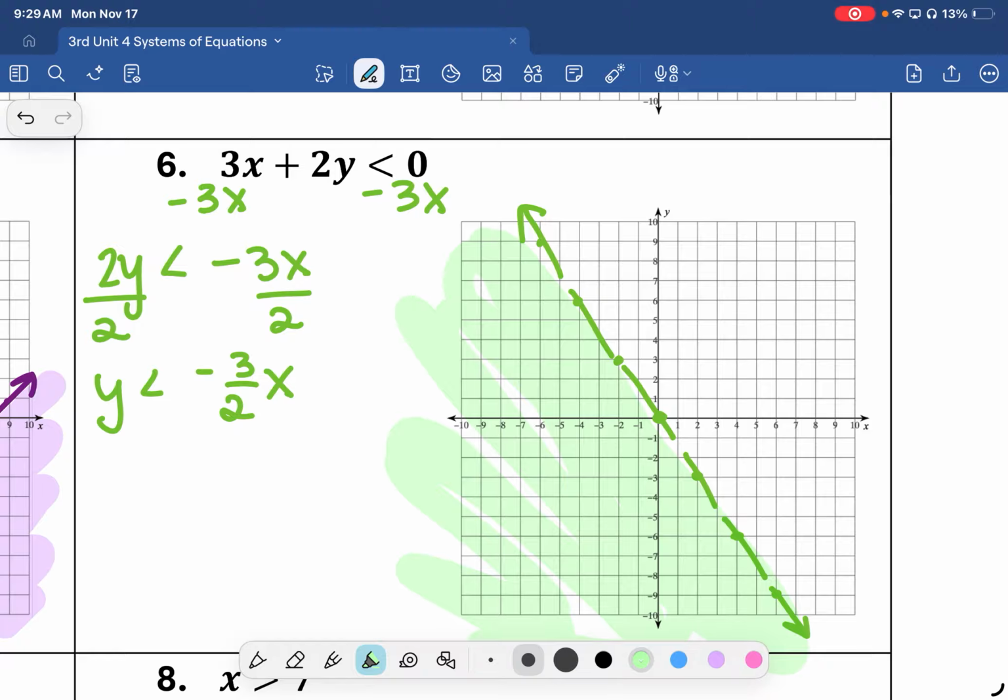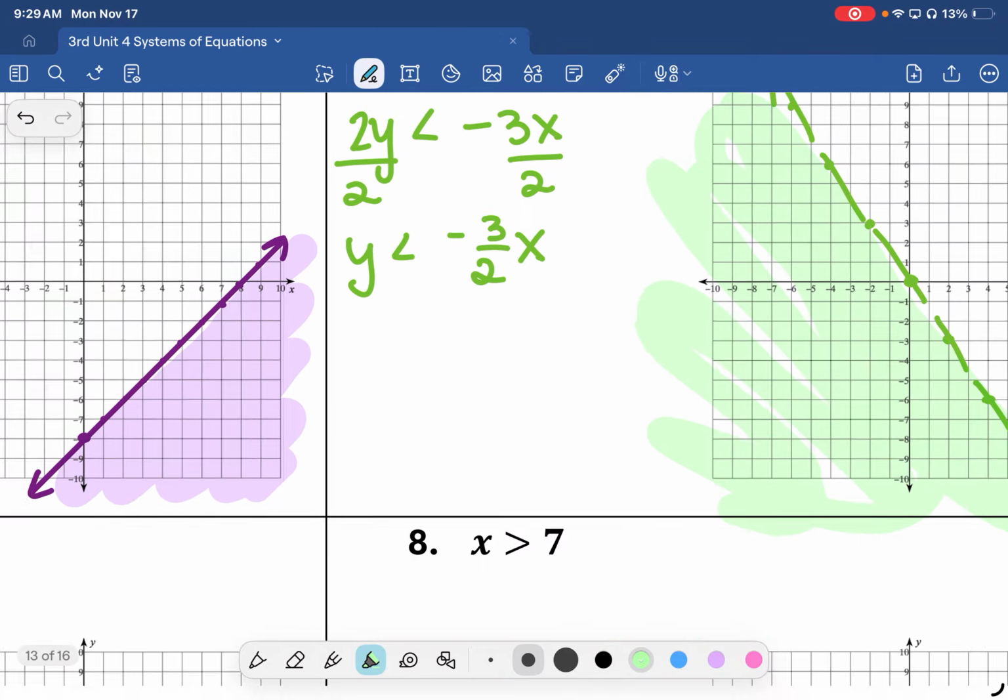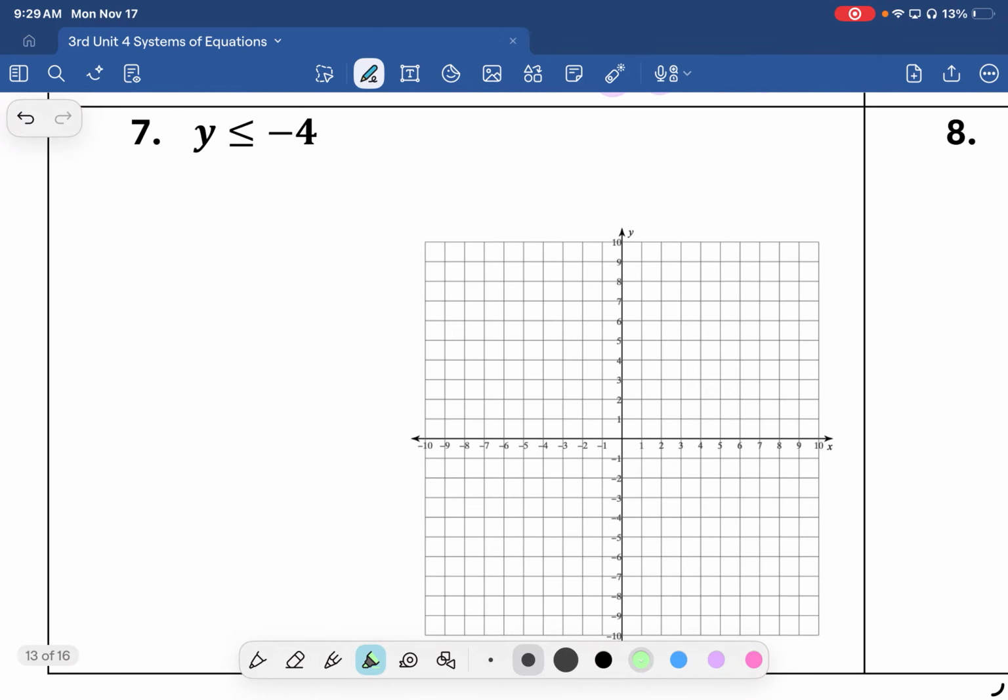All right, then we are going to talk about 7 and 8. So number 7 is the line y is less than or equal to negative 4. If I ask you about the line y equals negative 4, is that a vertical or a horizontal line? Horizontal, okay? Since it is less than or equal to, is that going to be a solid or a dashed line?